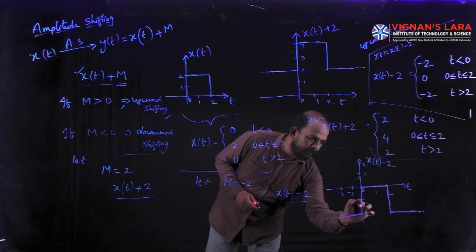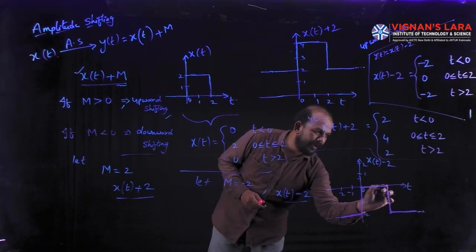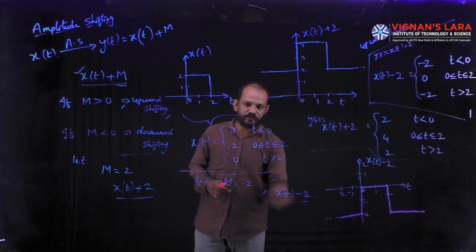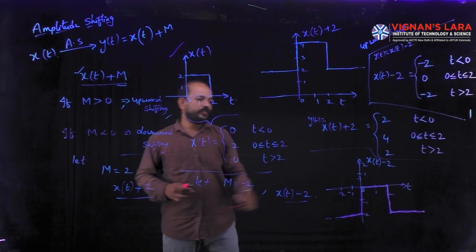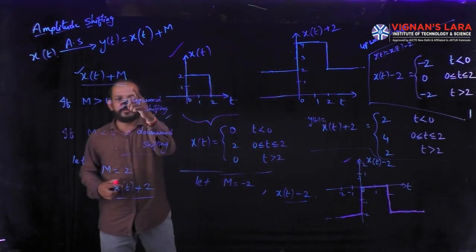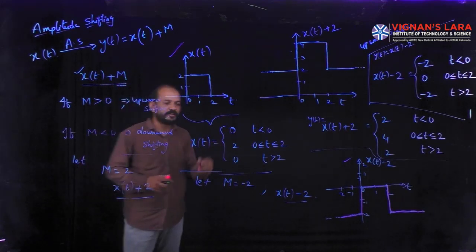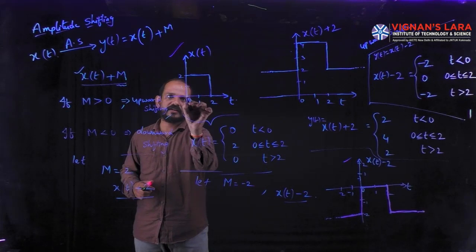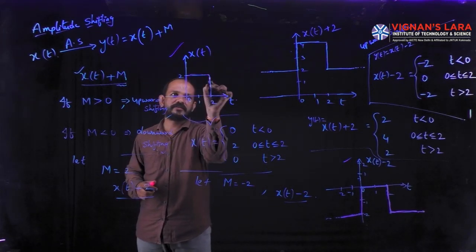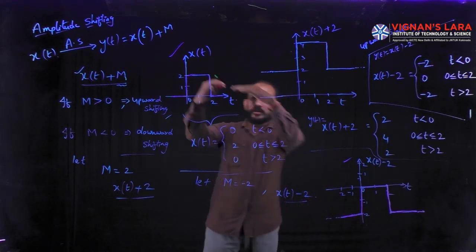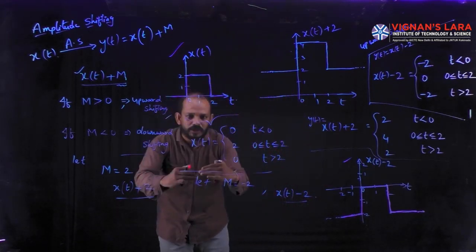See, this is the waveform of the amplitude shifted version of the given signal x of t. So this is the given signal, and this is the amplitude shifted version, if the m value is minus 2. See, here the shape is like this. Now the same shape has moved downwards.